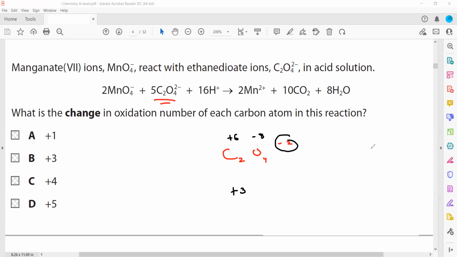And in carbon dioxide, CO2, each oxygen is -2, so 2 oxygen will be -4. So one carbon is +4. So what is the change in the oxidation number for each carbon? +3 becomes +4, so it changes by 1.